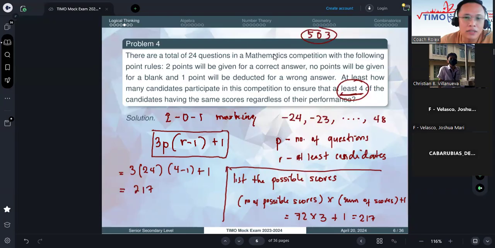But again, this 3p times r minus 1 plus 1 is specific to the 201 marking system, because this is actually the most common marking system. I guess, no, for the 401 marking system. Okay.